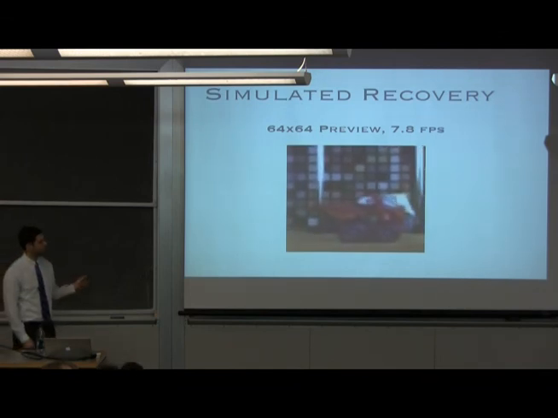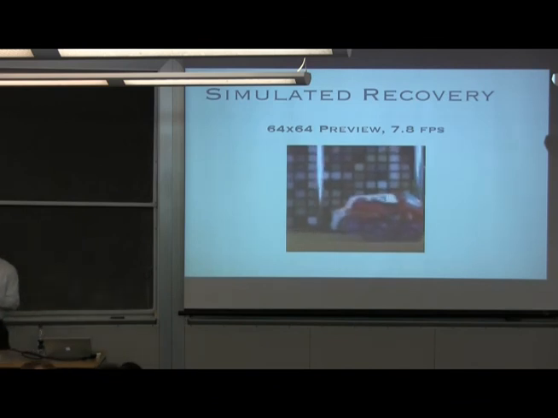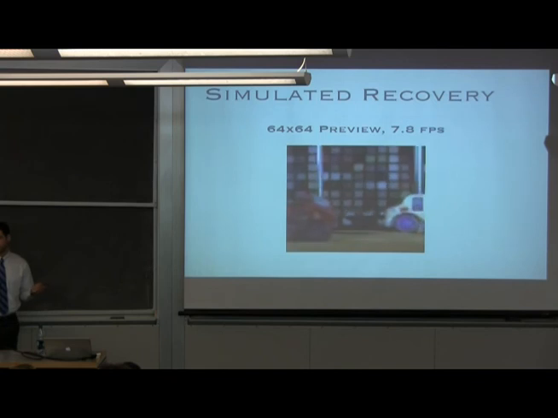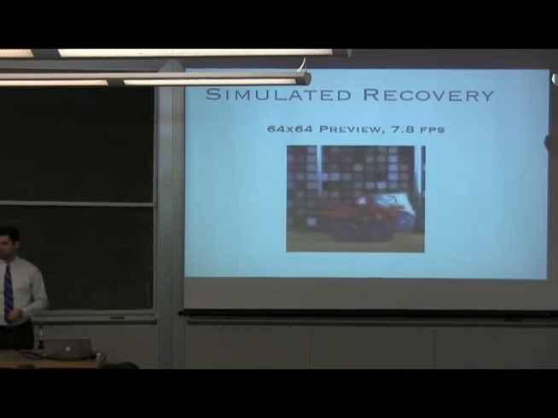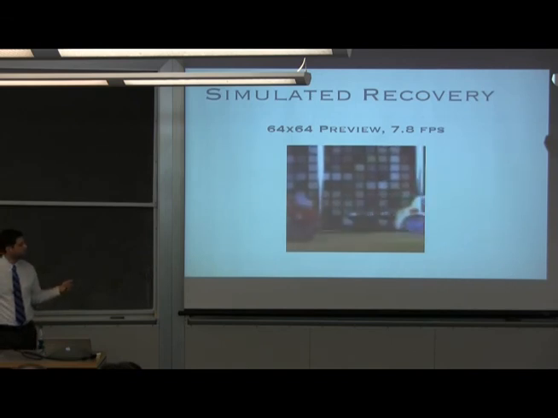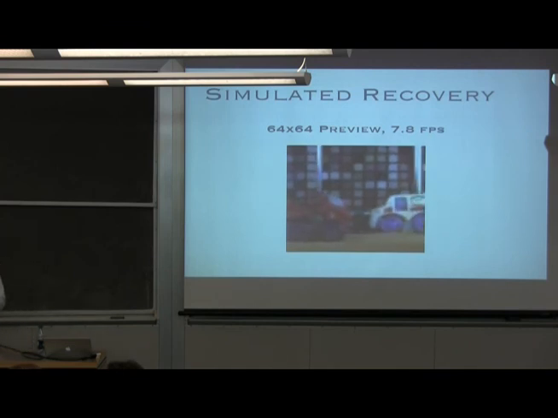The reason we do a low resolution preview is for 2 reasons. First of all, in the future, we want to use this to do motion compensation to enhance the effectiveness of the high resolution compressive sensing. The other reason is running the FPGA to do the full resolution compressive sensing uses a ton of energy. And so it's nice to have a conventional reconstruction that has very low energy requirements that you can run all the time.